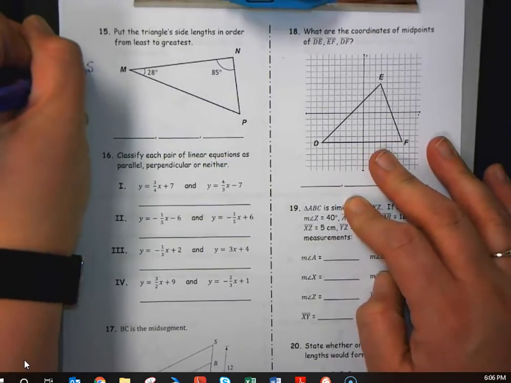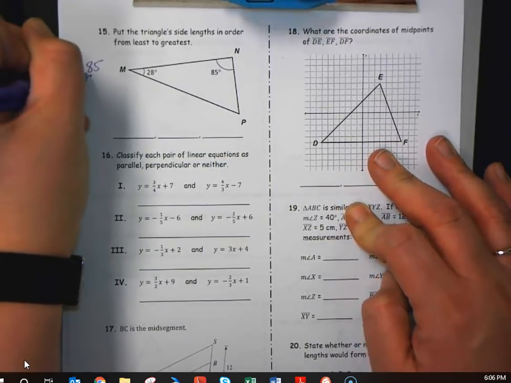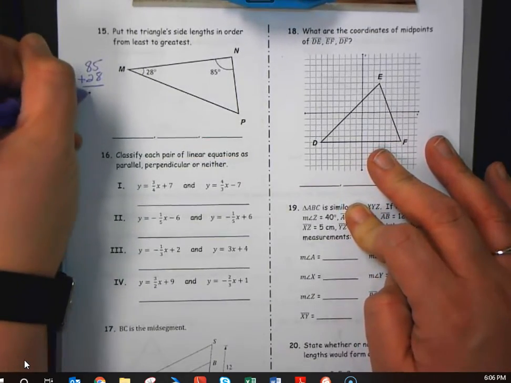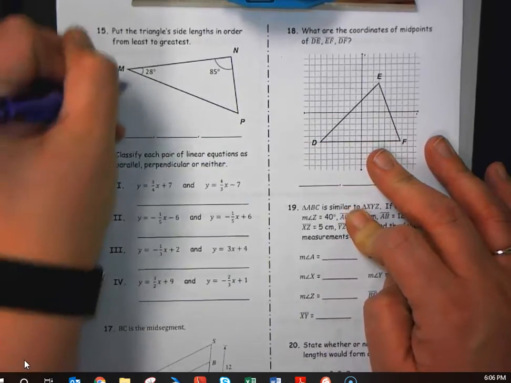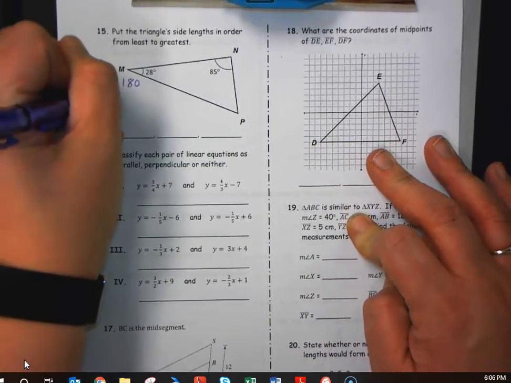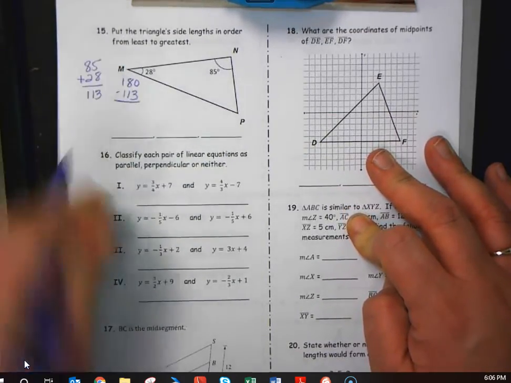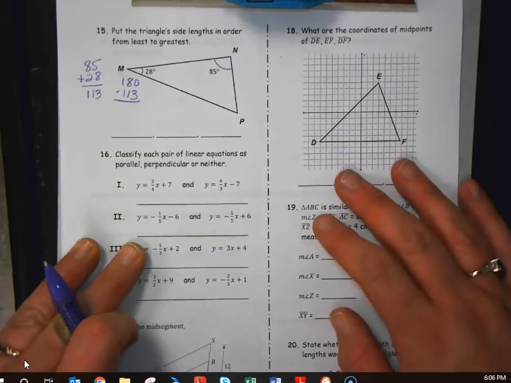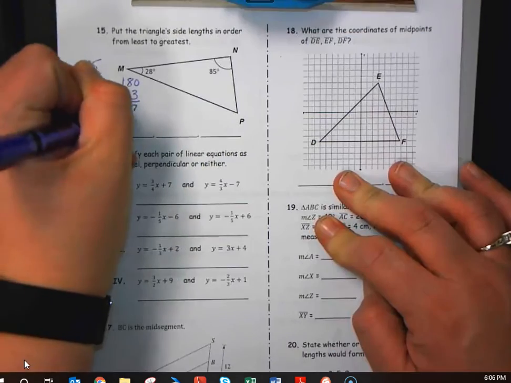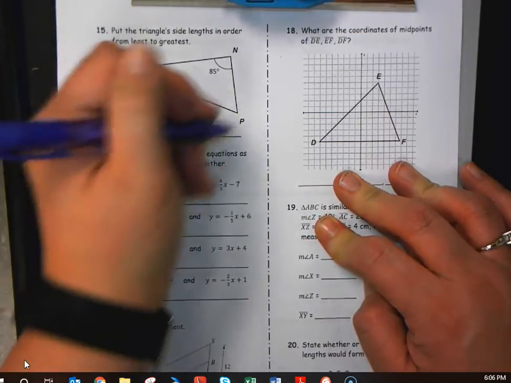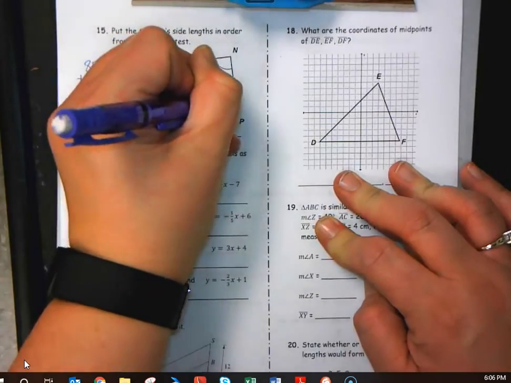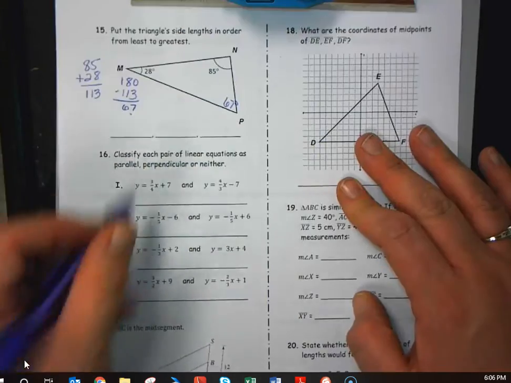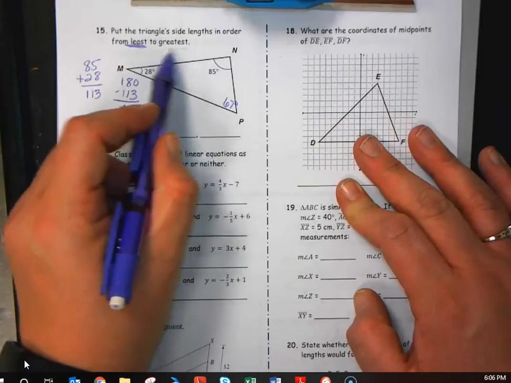So first thing we're going to do is add 85 plus 28, and we're going to get 113. We're going to take 180, subtract 113, and we get 67. So this one is 67 degrees. So it says least to greatest.